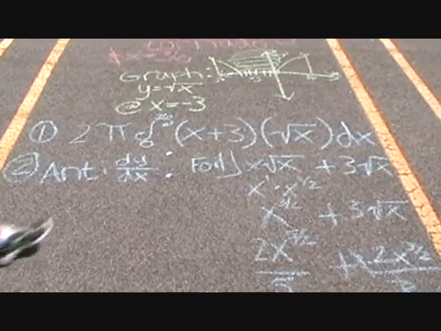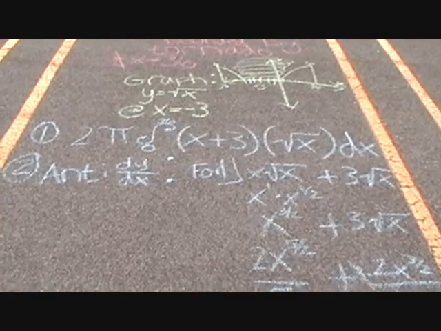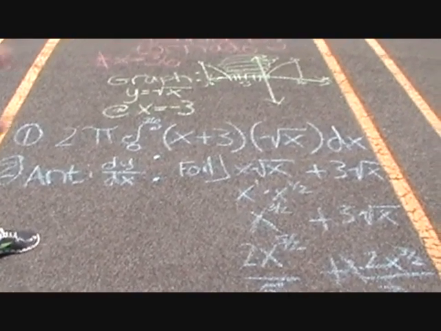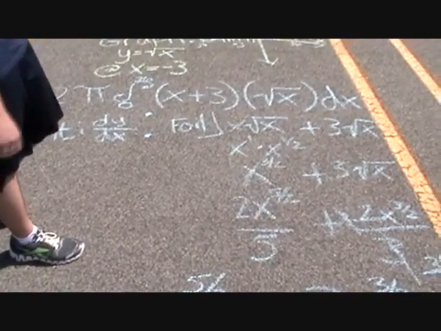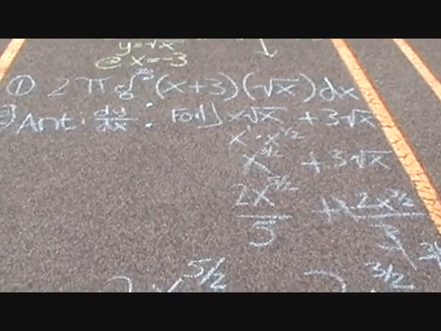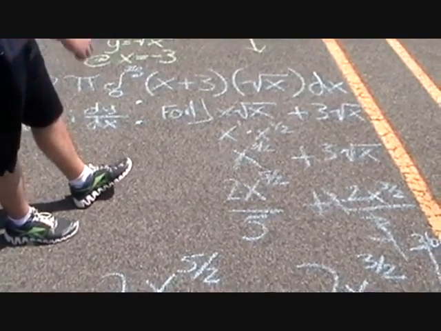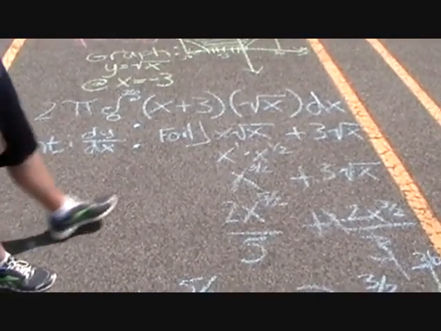So if you want to have even more fun, you want to take the antiderivative. So the first step to taking the antiderivative is foiling x plus 3 times √x. So our new equation is x√x plus 3√x. Not really equation, a new function, we'll say.